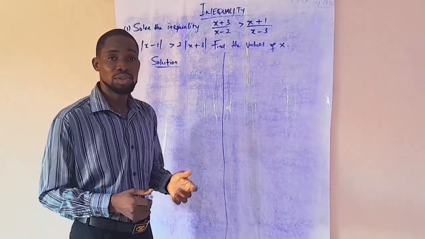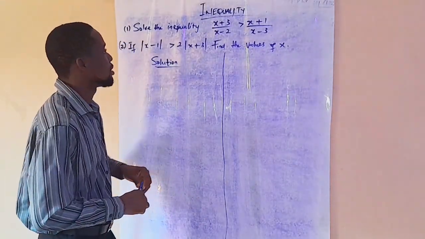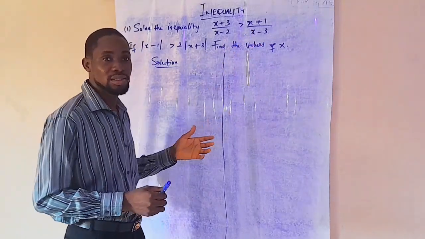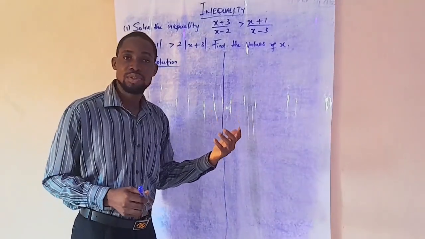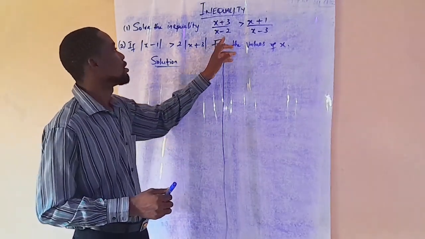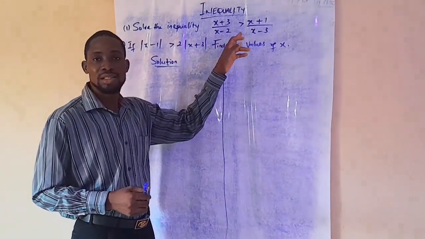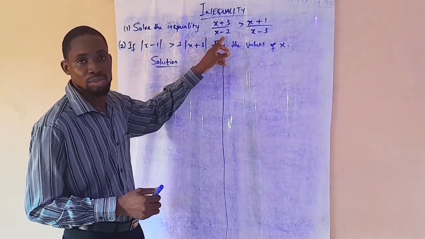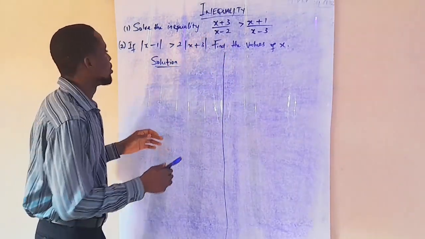Now, how do we solve? Remember, these are both fractions, and as I explained in the first video in inequality that I've done in this series, the idea is to multiply both sides by the square of the denominator as a factor. So what will I do?